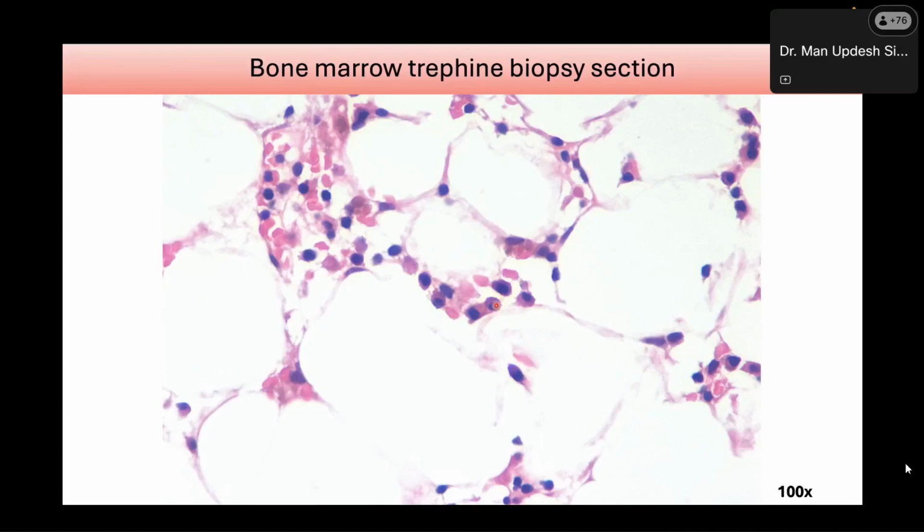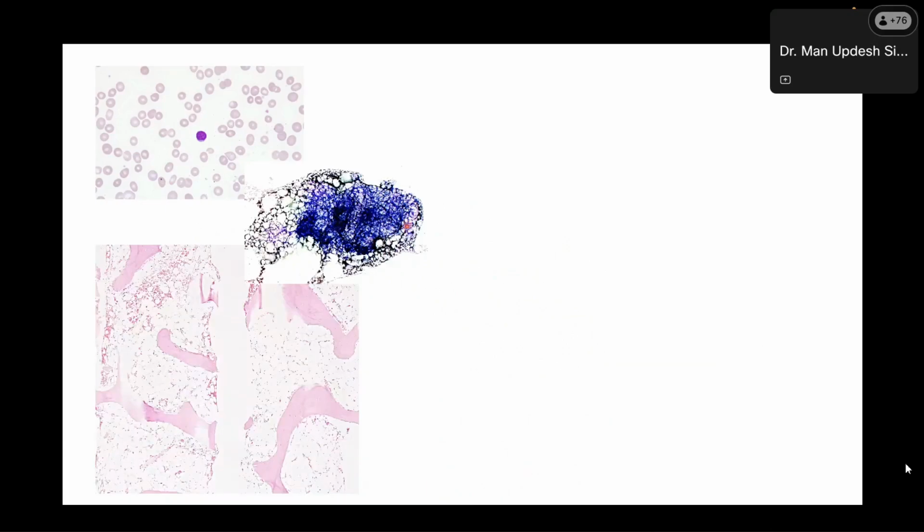And maybe some other plasma cells also, and some RBCs there. So basically, there are no myeloid cells, there are no megakaryocytes, there are some lymphocytes and plasma cells, and some distributed erythroid cells. Here also you see 2, 3 plasma cells there, eccentric cells. So that's on 100x. So in all, you have a pancytopenia, empty aspirate particles, an empty bone marrow trephine biopsy.